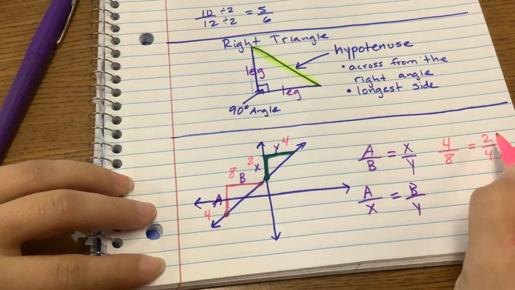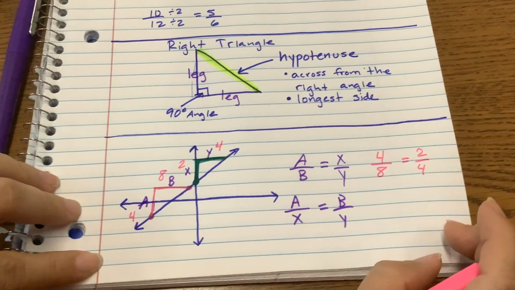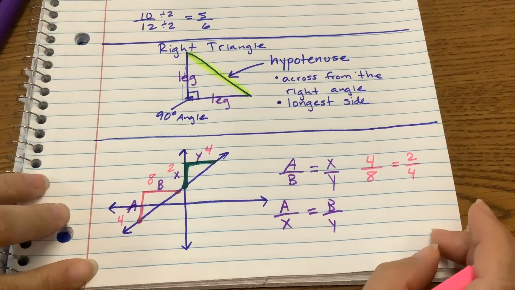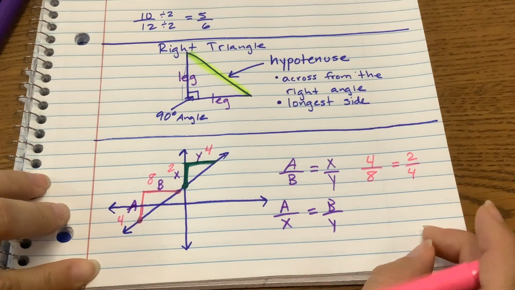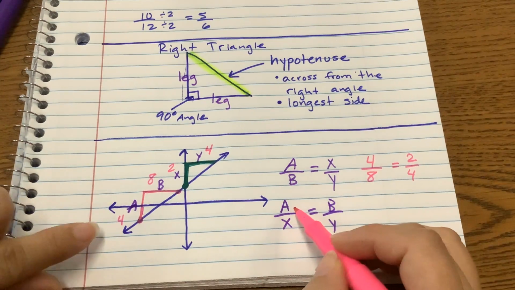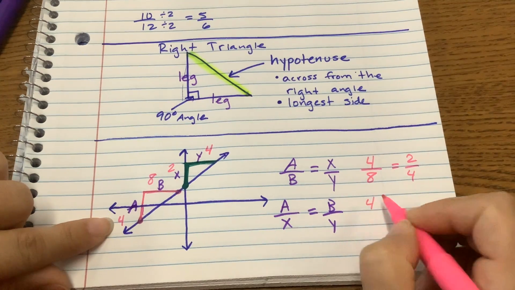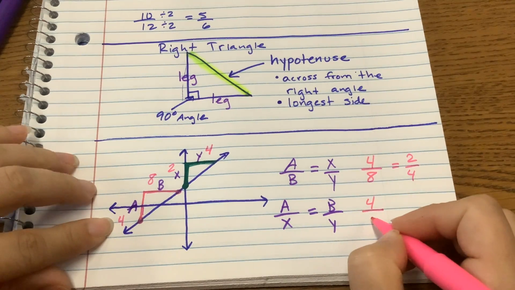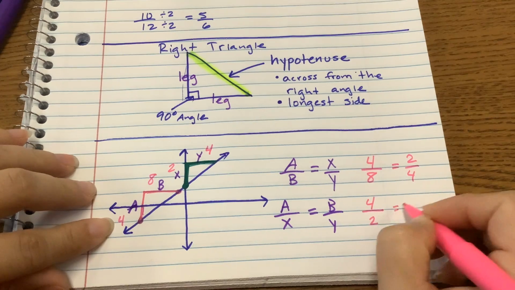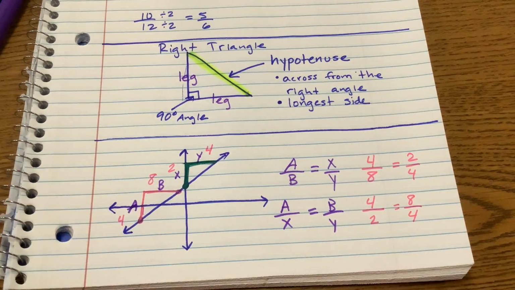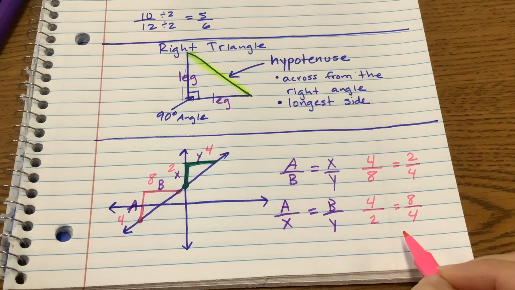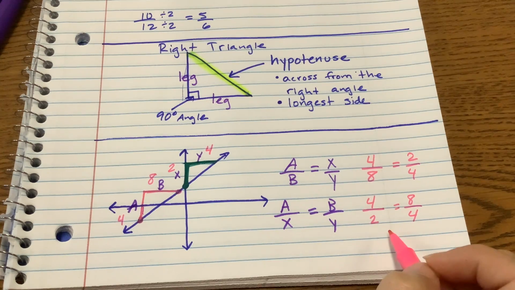Is 4 over 8 equivalent to 2 over 4? Yes, they're both equal to what? 1/2. Okay, and so 4 is to 2 as 8 is to 4. Are those equivalent? Yes. And they're both equal to what? Not 1/2. 2. They're both equal to 2.